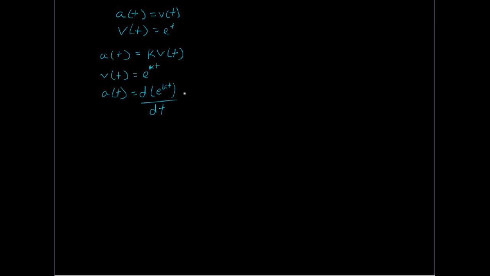The chain rule says we take the derivative of e to the something, which is e to that something, so it's e to the kt times the derivative of the inner function kt. The derivative of kt with respect to time is just k. So it's going to be e to the kt times k.